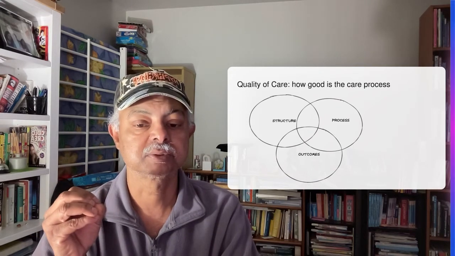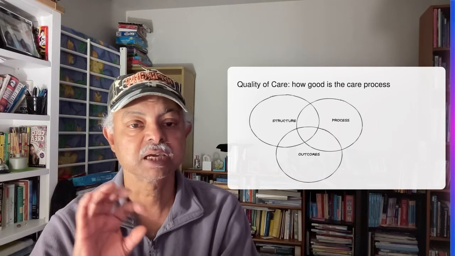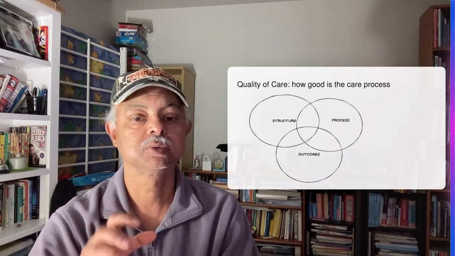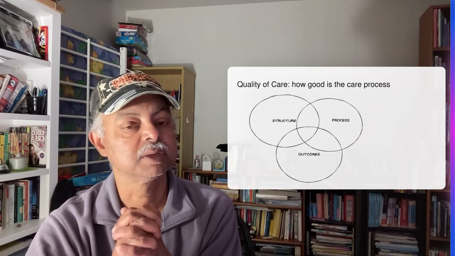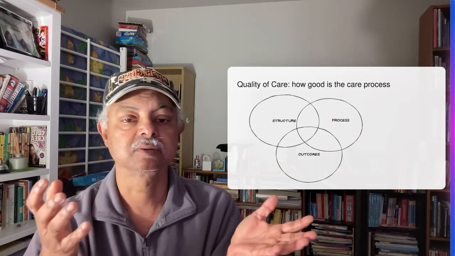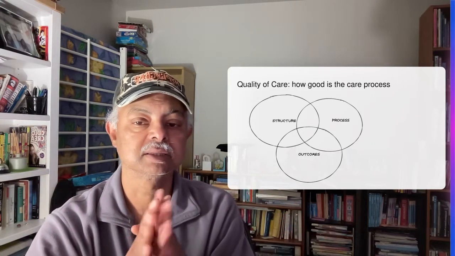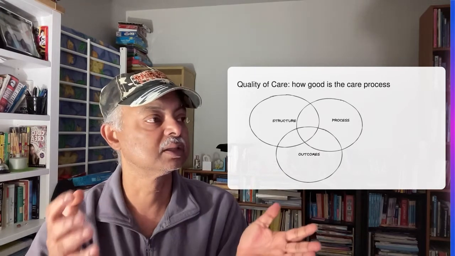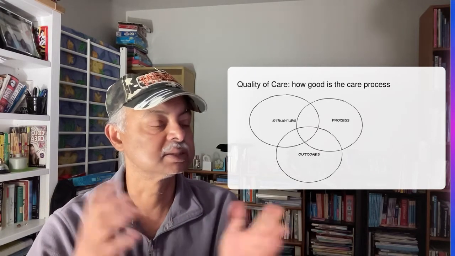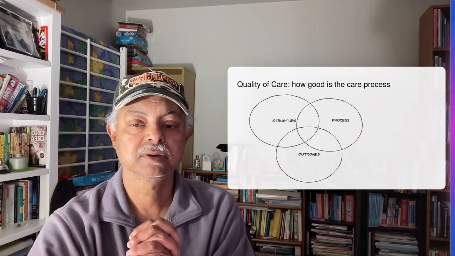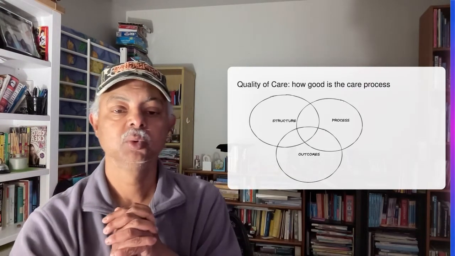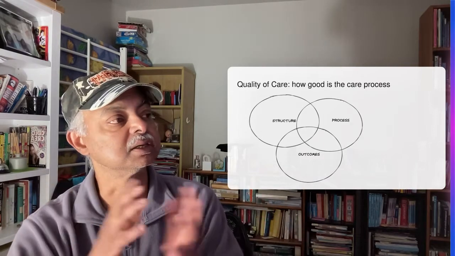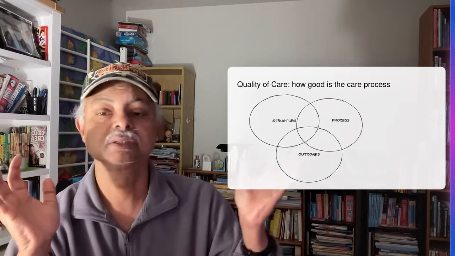That tells us what steps a person has to go through and how good the care processes are that are taking place in the community or in the country. So how well are the health systems working, how well are they evidence-based, or what else is going on. And then we talk about, after all of these structures and processes, what outcomes we are seeing as a result of all of these input parameters.